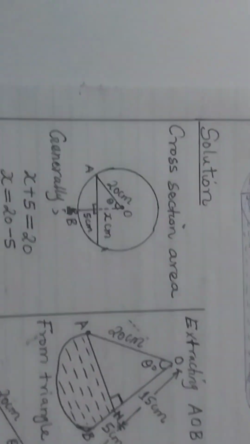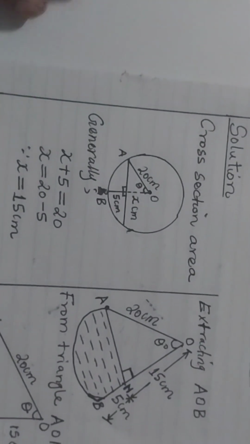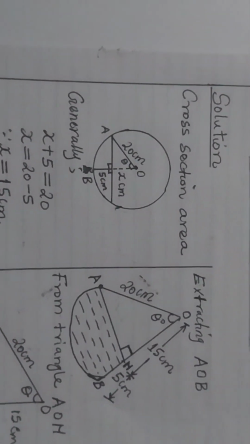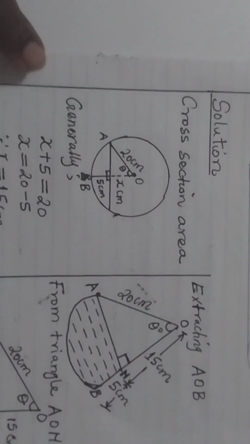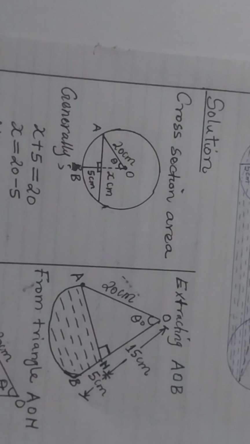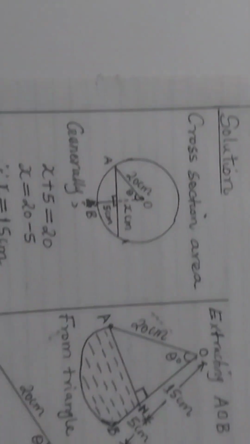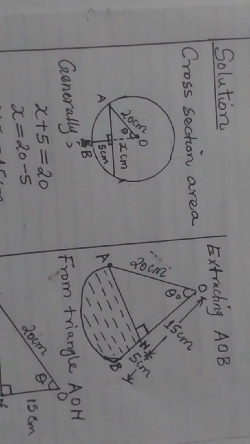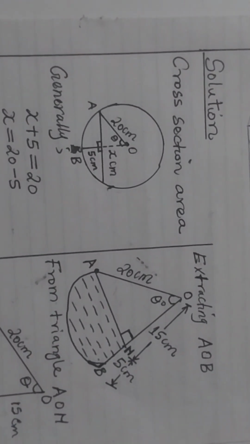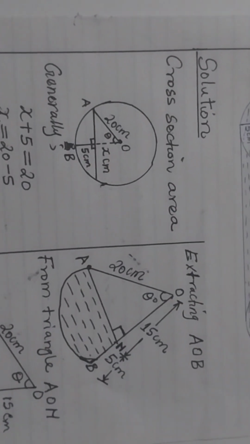So the first step is to get the cross-section area of this solid that we are given. The cross-section area is the circular part, which has a radius of 20 centimeters. And from the cross-section area, already we are given the depth, which is 5 centimeters.